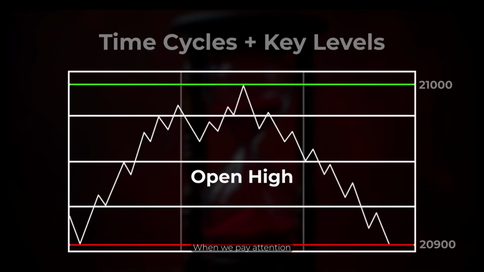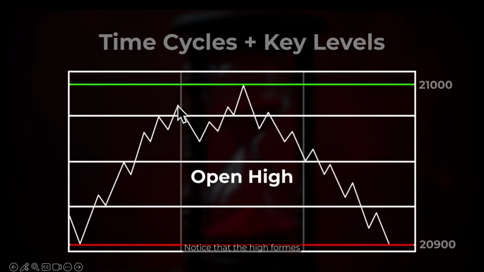When we pay attention to an example of this, what you can see is that I have put on time cycles and key levels. What you can see is that we see the market expand higher, originating from the 20,900 price level, which you can see right here. Notice that the market is repricing towards the upside and eventually it forms a high. This high gets formed right here.